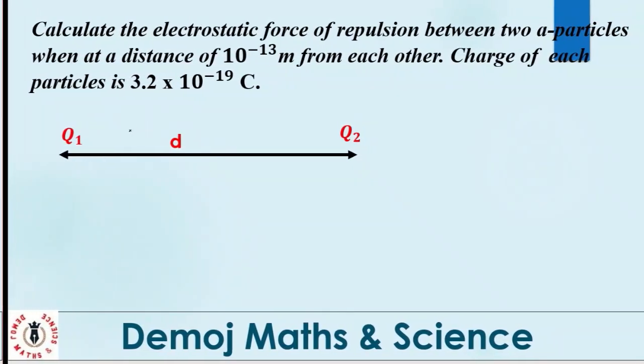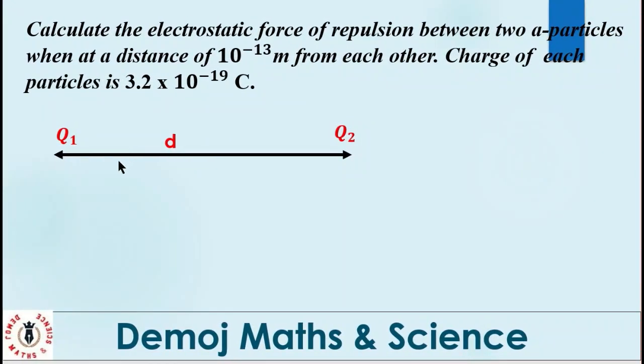My question says we should calculate the electrostatic force of repulsion between two alpha particles at a distance of 10 raised to power minus 13 meters from each other, and the charge of each particle is given as 3.2 times 10 raised to power minus 19 coulombs. That is, Q1 is given as 3.2 times 10 raised to power minus 19 coulombs, and Q2 also is given as 3.2 times 10 raised to power minus 19 coulombs.